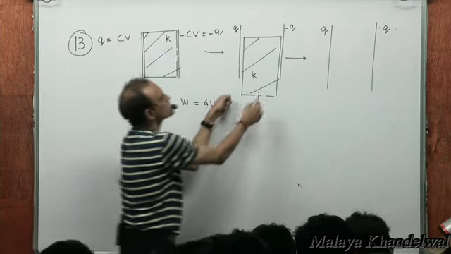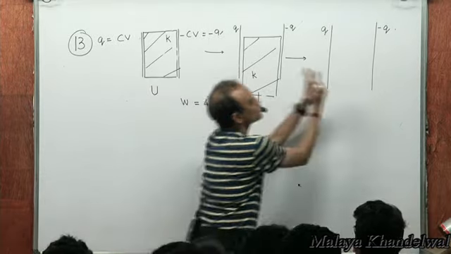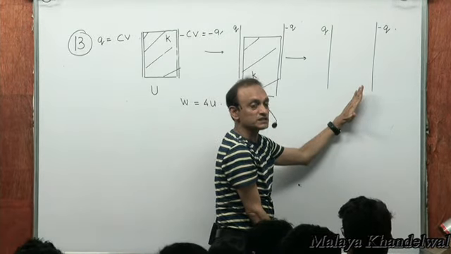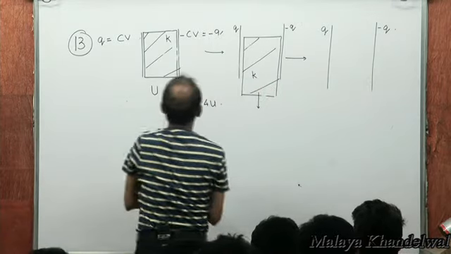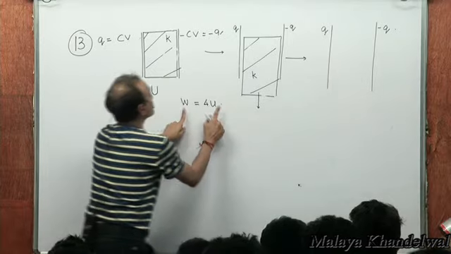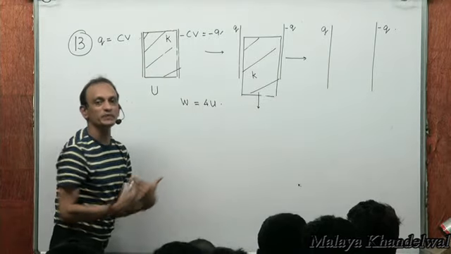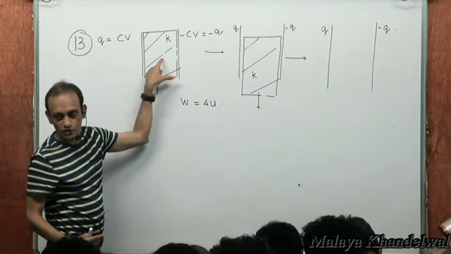Now this is pulled out and brought to this state. It's made an air capacitor. The work done to pull this out is given to be 4U, and we need to be able to find the dielectric constant. This is what we need to do, right?